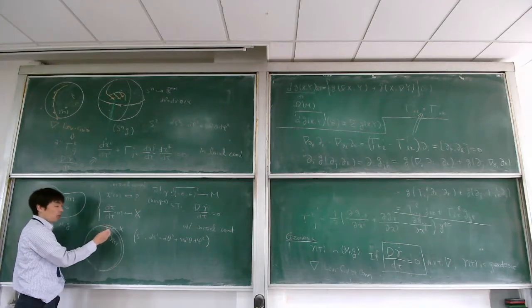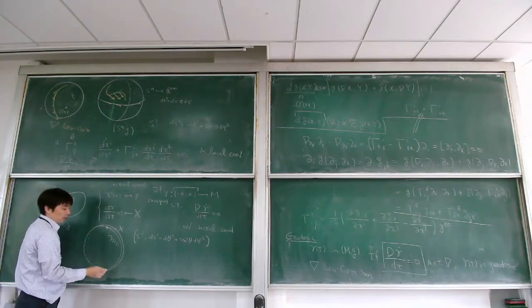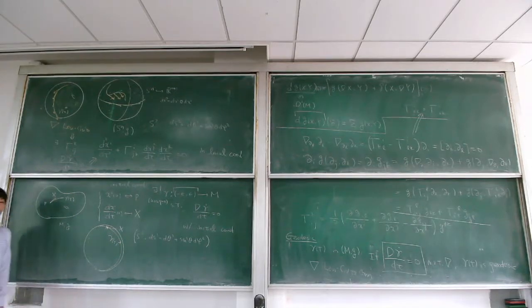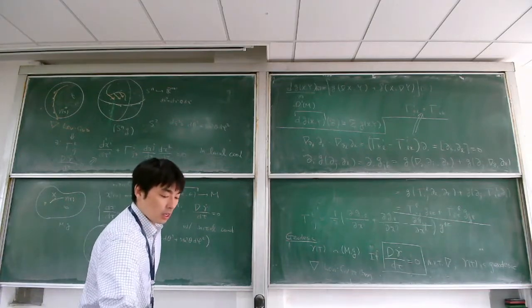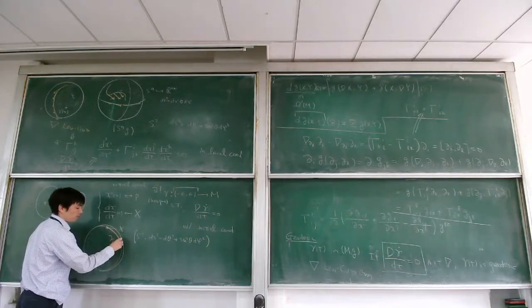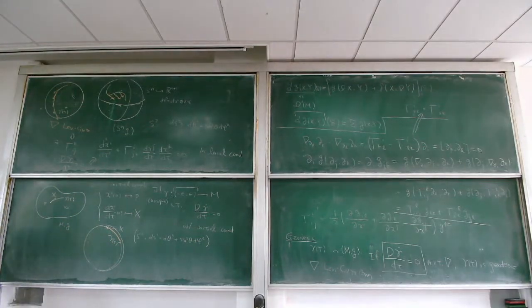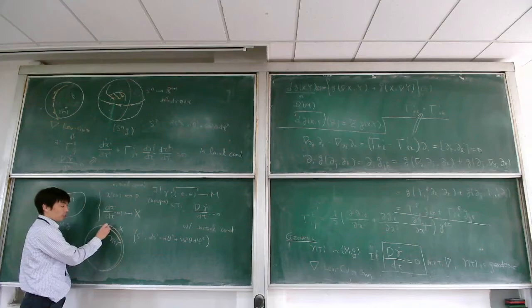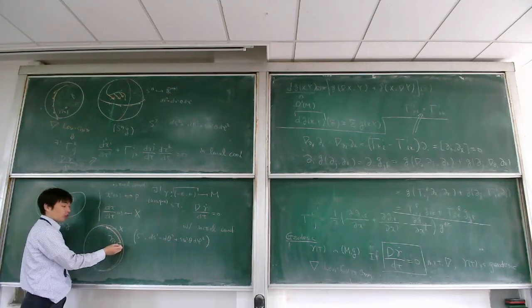Therefore, if you consider two points along this great circle, the shorter distance is of course measured by this geodesic. Indeed, this geodesic will give you the shorter distance between these two points locally.